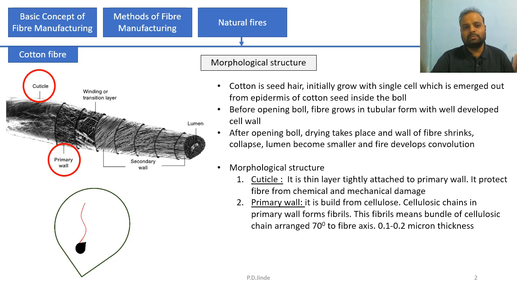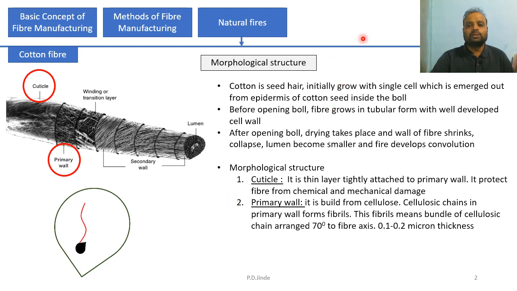Those chains are made from cellulosic material. These bundles of lines are called fibrils, right? These fibrils are generally placed at 70 degrees to the fiber axis, and the thickness of this layer is around 0.1 to 0.2 micron.